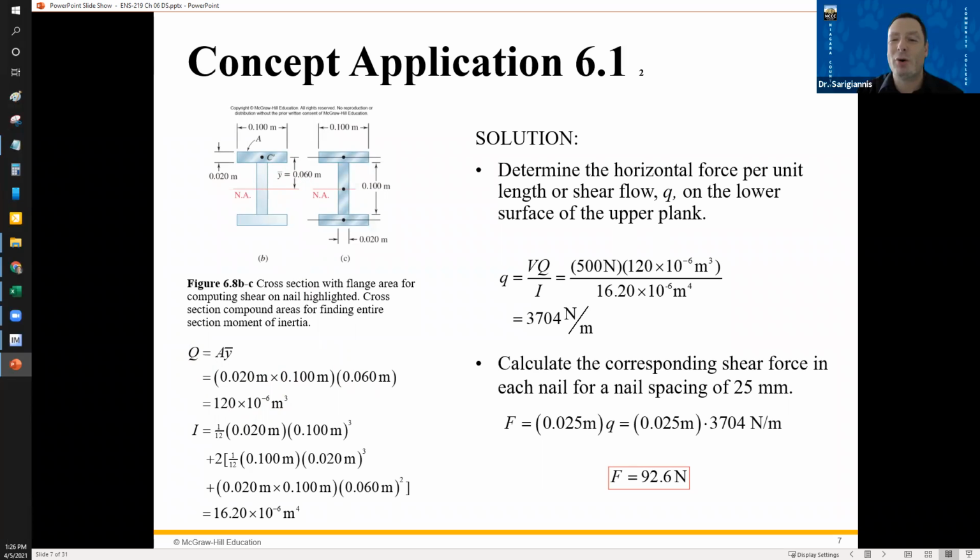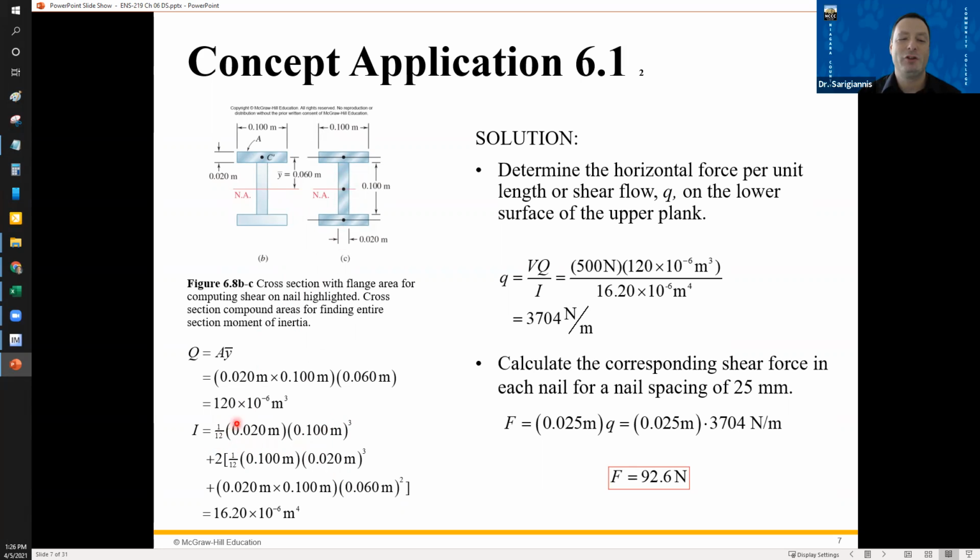Now we look at the total moment of inertia for the entire beam cross section, right? Again, all these terms should be recognizable. These are rectangular terms, right? 1/12 base times height cubed. This one right here, we've got the 0.020 times the height of 0.1 cubed. That's this tall middle one, right?